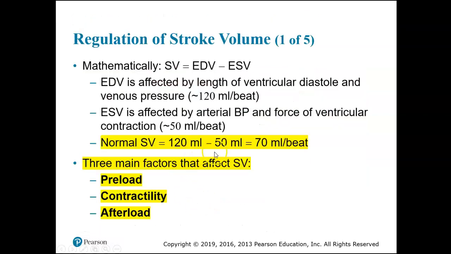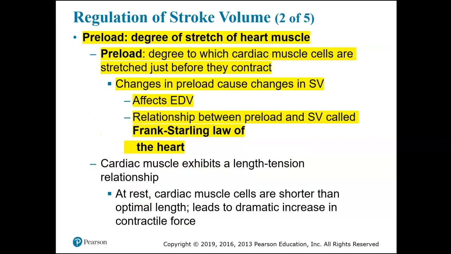All right, normal stroke volume is about 70 milliliters per beat, and that equals the end diastolic volume minus the end systolic volume. There are three main factors that affect stroke volume. That is preload, or EDV, contractility, and afterload, or ESV. Preload is the degree of stretch of the heart muscle, the degree to which the cardiac muscles are stretched just before they contract.